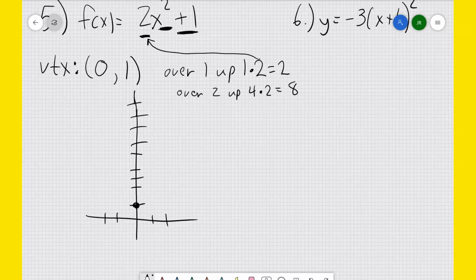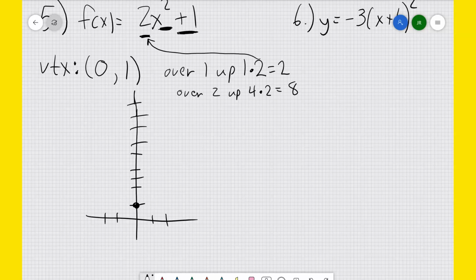So I usually go over 1 and up 1, but instead I'm going over 1 and up 1 times a, which is 2, so that means I'm going up 2. Normally I go over 2 and up 4, but since a is 2, I go up 4 times a, in other words 4 times 2, which is 8.